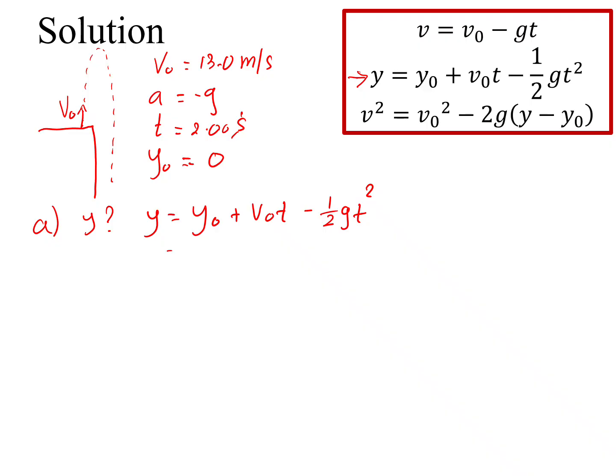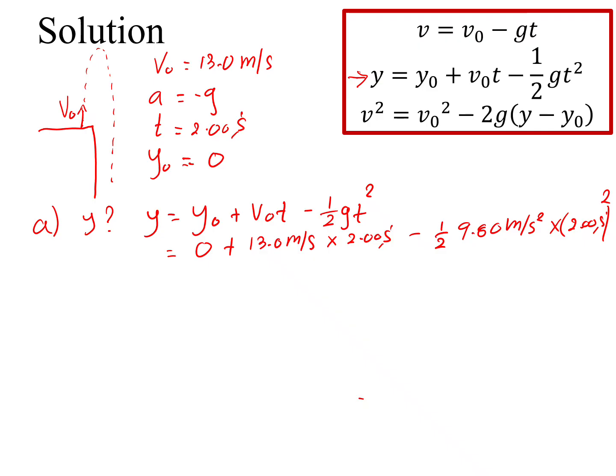Alright, so let's substitute the values. y naught is 0. v naught is 13 meters per second, times t is 2 seconds, minus half g is 9.8 meters per second squared times 2 seconds squared. Now notice here, when you substitute for g, we substitute a positive value.